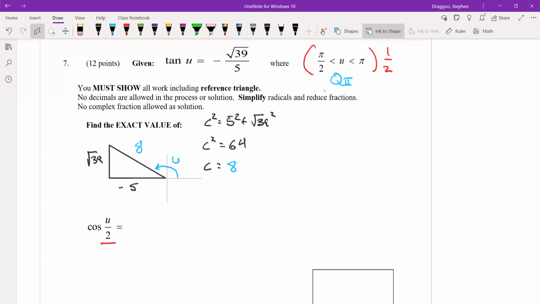I also needed that inequality for u over 2. So come back to the spot where I multiplied my initial inequality by 1/2. I should get that u over 2 is between pi over 4 and pi over 2, which puts it in the second half of quadrant 1.